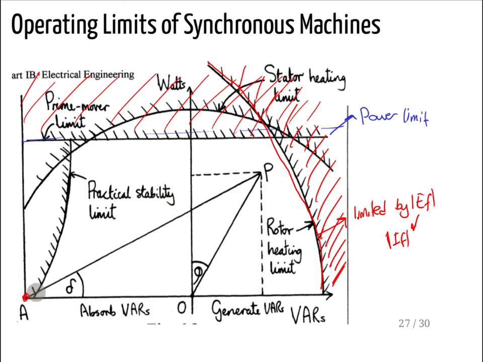And for that one, this is your load angle. Technically it is 90 degrees, but you want to put a limit, so there's a safe area. That is the stability limit, which ensures the load angle is less than 90 degrees.